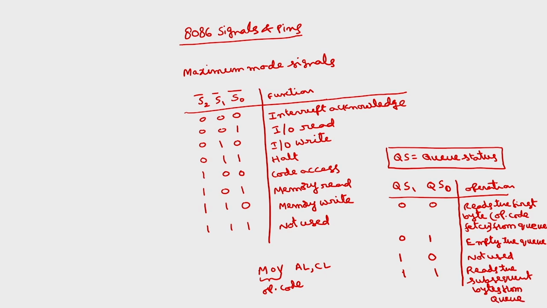After the first opcode fetch, it may require the subsequent bytes. There are some instructions where only the opcode fetch is there. In that case it will not read any subsequent bytes. So, this is about the queue status signals. We have discussed 5 signals.